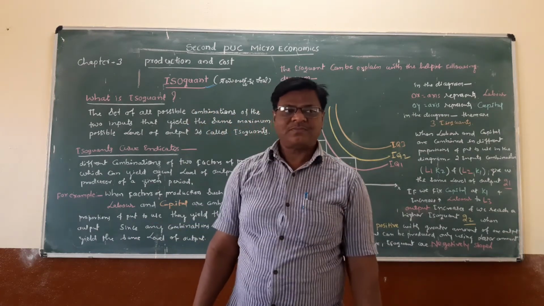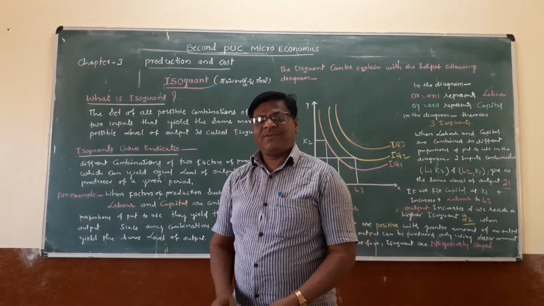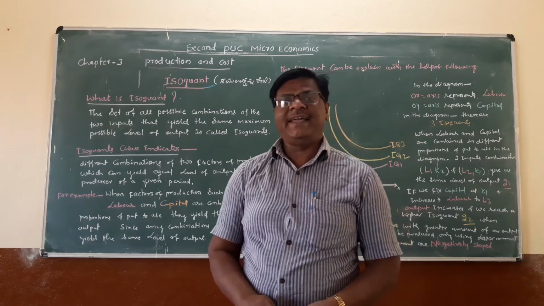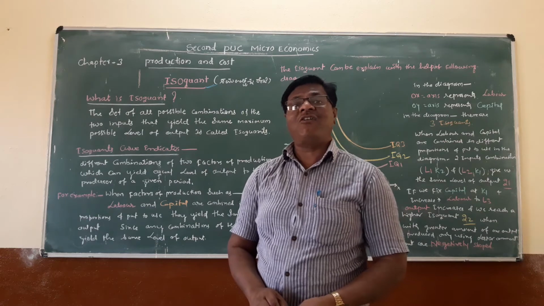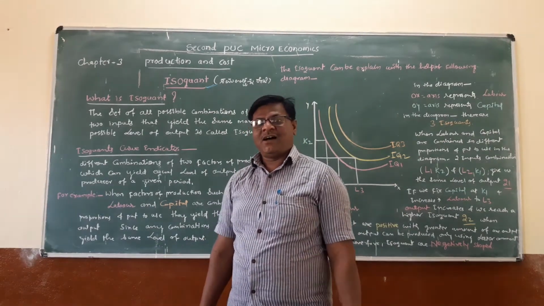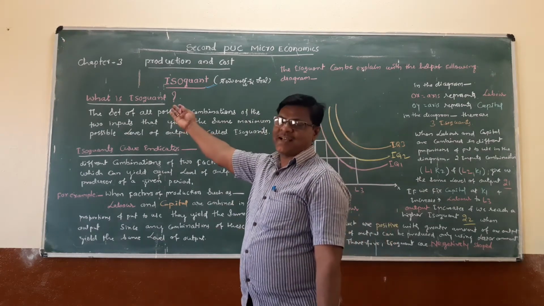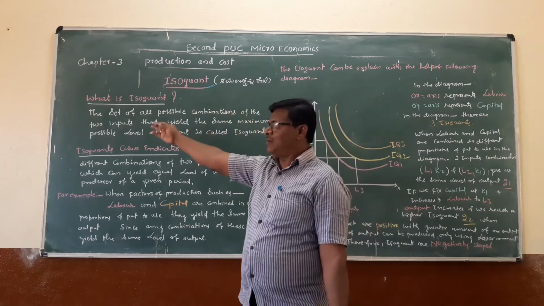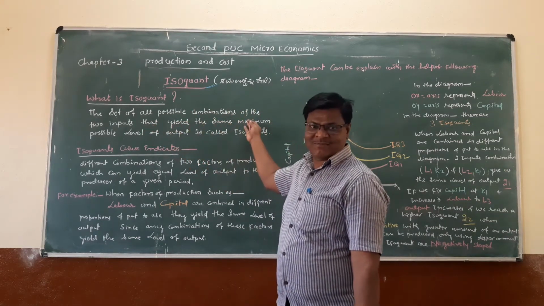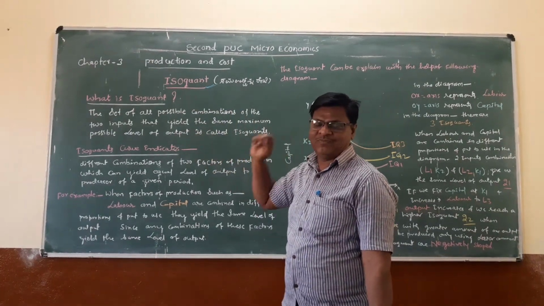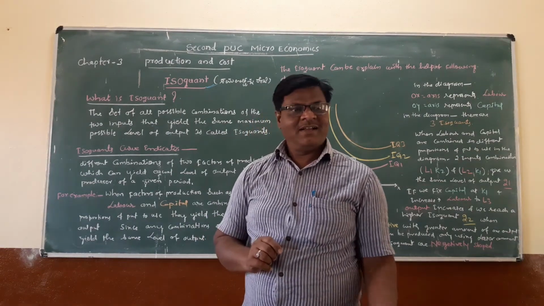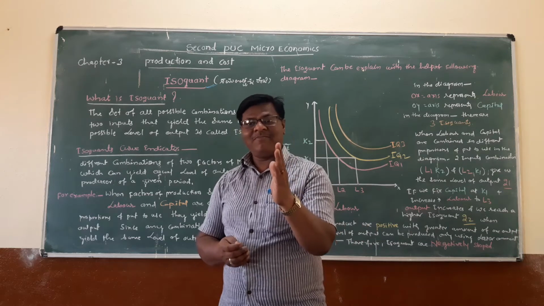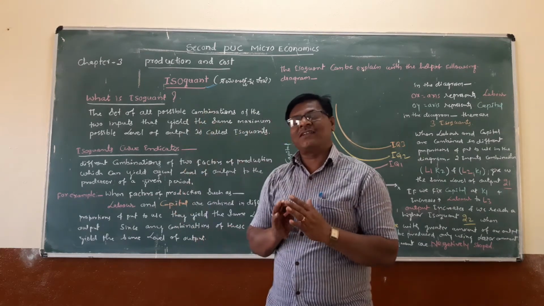What is an isoquant? An isoquant is the set of all the possible combinations of the two inputs that yield the same maximum level of output. Once again, the set of all the possible combinations of the two inputs that yields the same maximum level of output is called the isoquant.